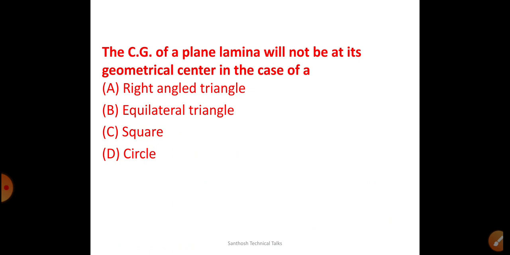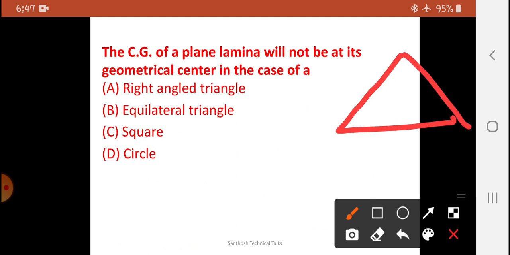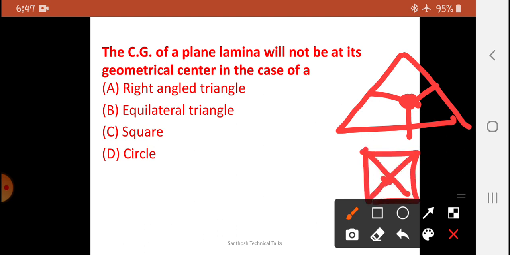Next, a super question. The CG of a plane laminar will not be at its geometric center in case of, let me explain. If it is an equilateral triangle, the CG and the geometric center are the same. If it is a square, the CG and geometric center are the same.